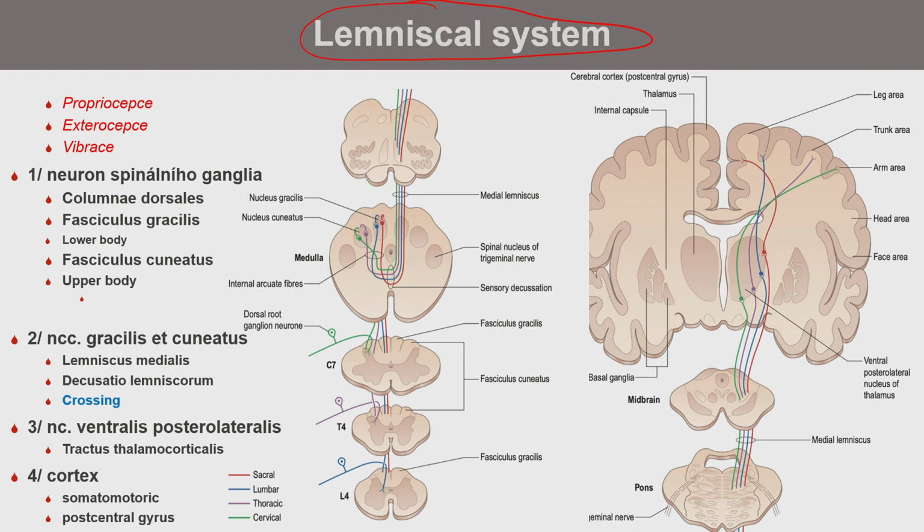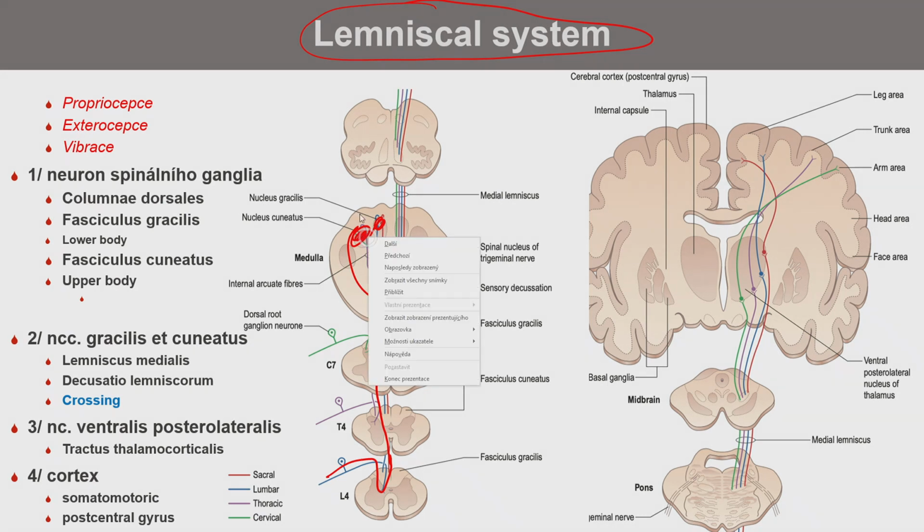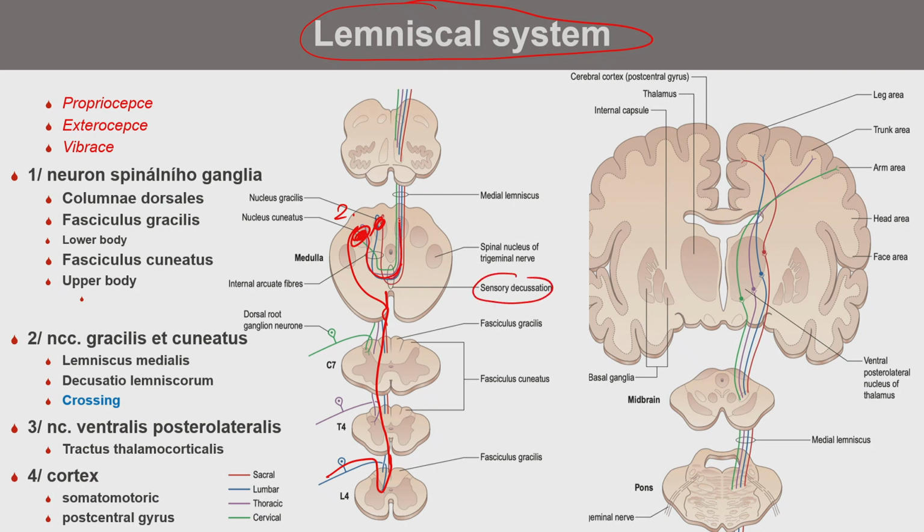Now, very important information about the lemniscal system. I have said that there is some lemniscus. So what is lemniscus? We have information which is going into the cuneate or gracile nucleus, and the fibers, the axons of this second neuron, go to the sensory decussation, crossing the midline, and going medially upwards, next to the midline, to the thalamus.